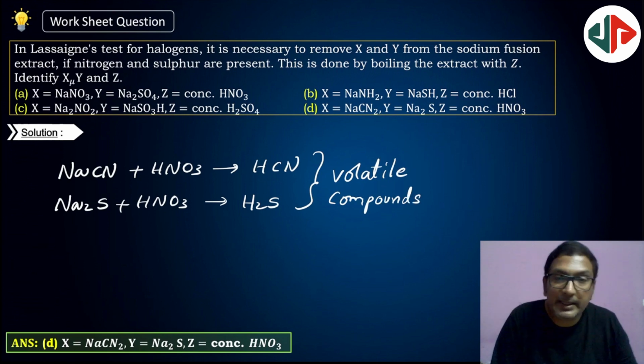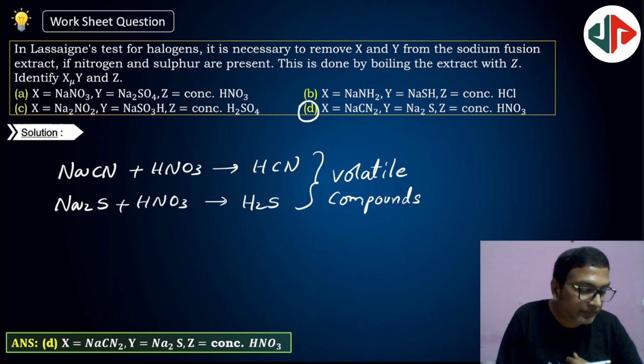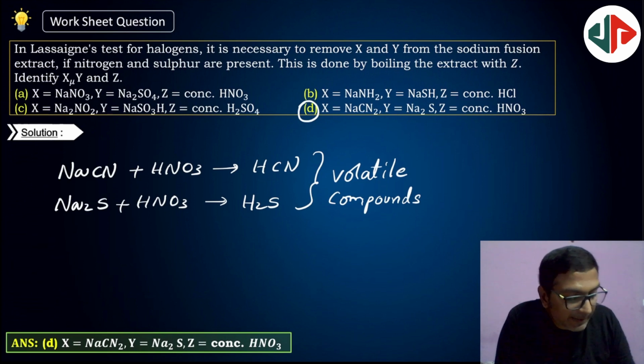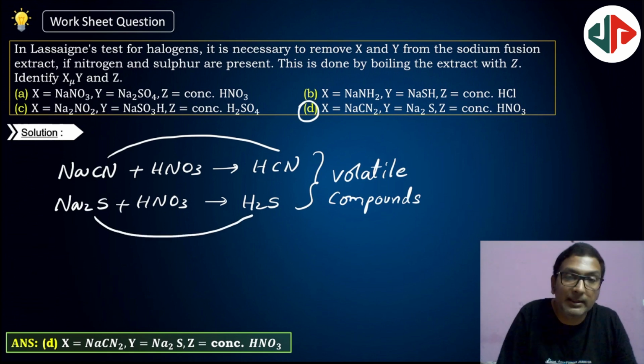That means sodium cyanide and sodium sulfide are converted to volatile hydrogen cyanide and hydrogen sulfide, and these will be eliminated. So option D.